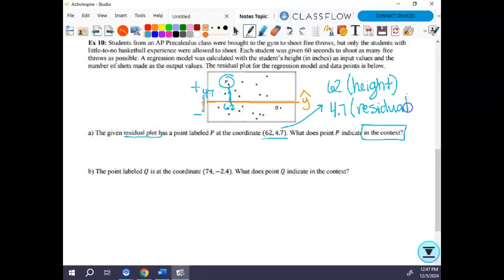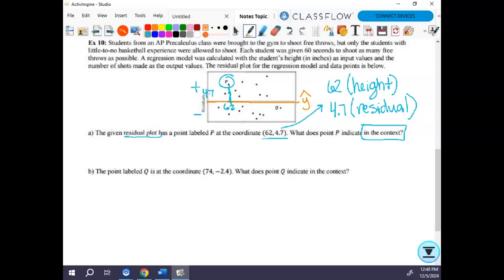So instead of having the input is the height and the output is the number of shots made, which is what the original graph is, the residual plot uses the same x values, but the y values change to the residual values. Does that make sense to you? Okay.